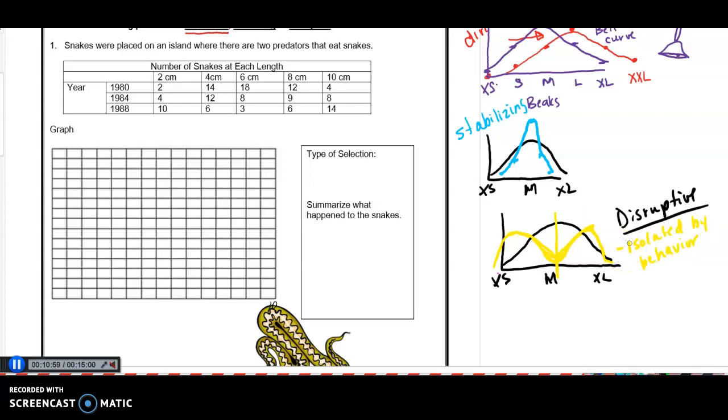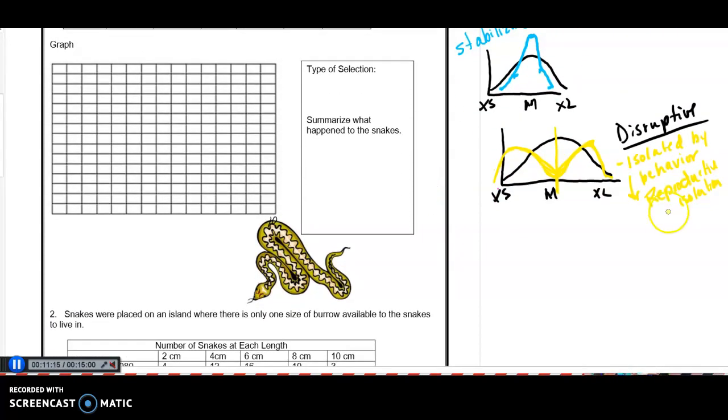If they become isolated by behavior, that can lead to reproductive isolation. If I have reproductive isolation, then what that could lead to is speciation. A new species arriving from it.